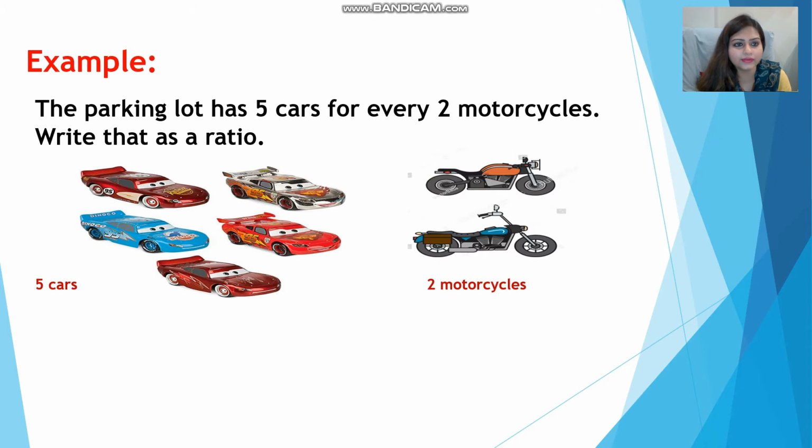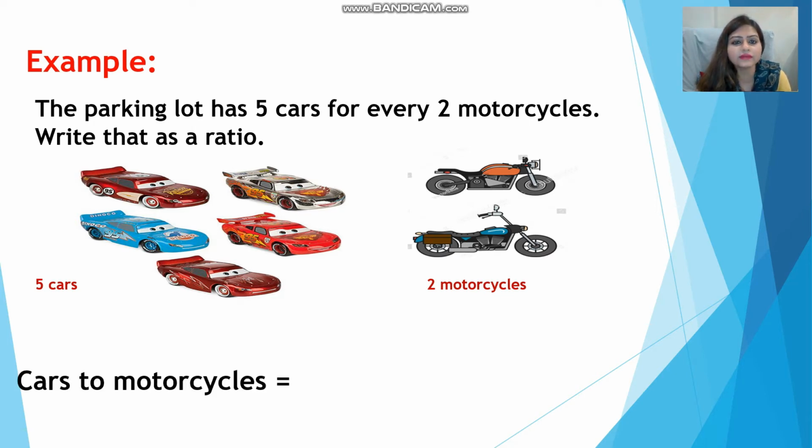Let's move ahead and have a look at the next example. The parking lot has 5 cars for every 2 motorcycles. Write that as a ratio. What do you think? What will be written first? Cars or motorcycles? Here in the question, cars are written first and motorcycles second. Think, what will be written first? Right.